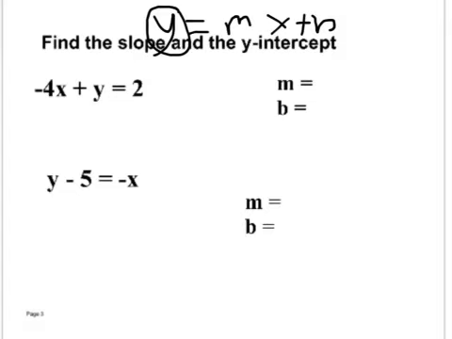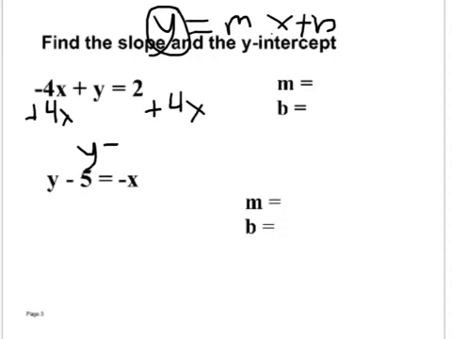So I look here, I have -4x plus y equals 2. I find my y, and I look at what's being done to it. -4x is being added to it. I need to get this over here because I need y by itself. So if it's -4x, I do the opposite, which is add 4x.